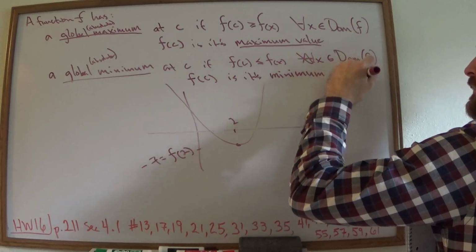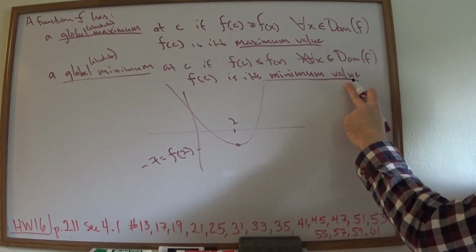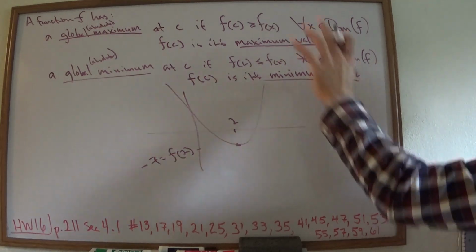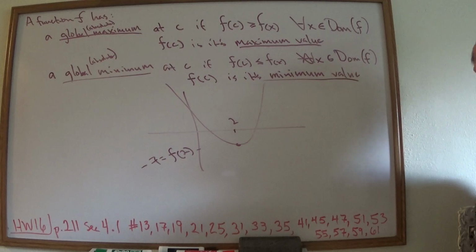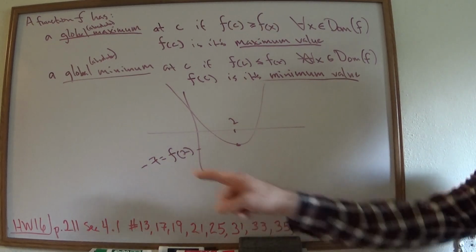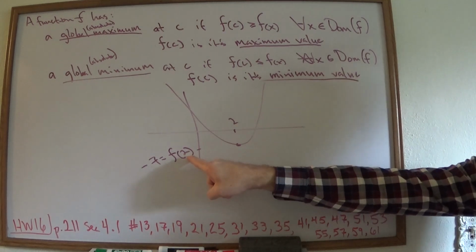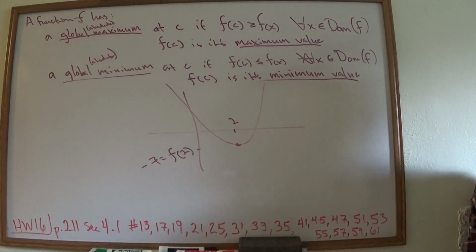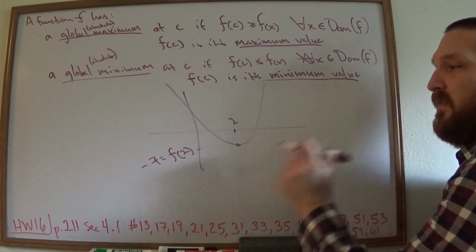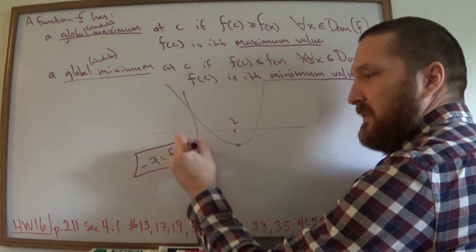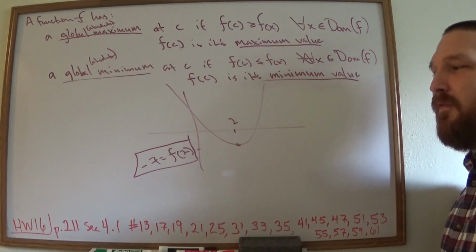value. So that value is doing a lot of work there. It changes everything. Because if I ask you where is its global minimum, you'd say 2. But if I say what's its minimum value, I'm asking for -7, right? Okay. And for the rest of ever, whenever I report a minimum value, I'm going to report it like this because that's a lot of information there.